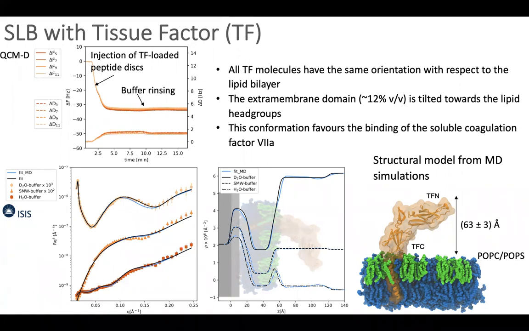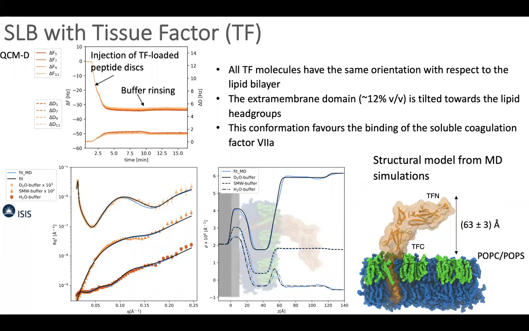So the main results that we obtained here were that, first of all, once again, we could confirm the presence of the TF molecules in the bilayer and their orientation with the extramembrane domain exposed towards the bulk solvent. By having the support of MD data, we were also able to see that the extramembrane domain is actually tilted towards the lipid head group surface, and this conformation is actually favored by the presence of PS lipid in the bilayer.